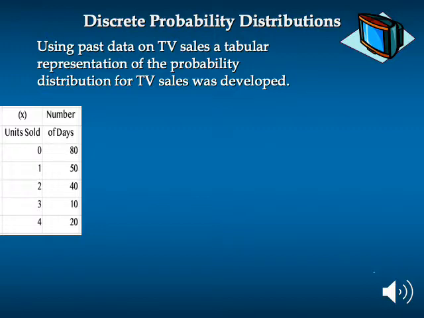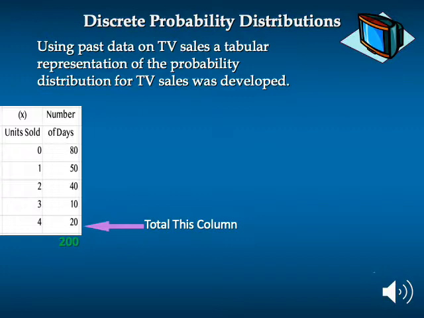If we looked at a period of time, there were 80 days we didn't sell any TVs, and there were 50 days we only sold one, 40 days we sold two, and so on for the rest of the list. We total this column up, and we see that the total for that column is 200.